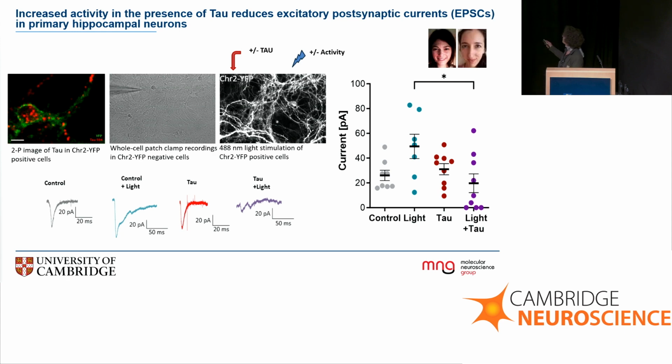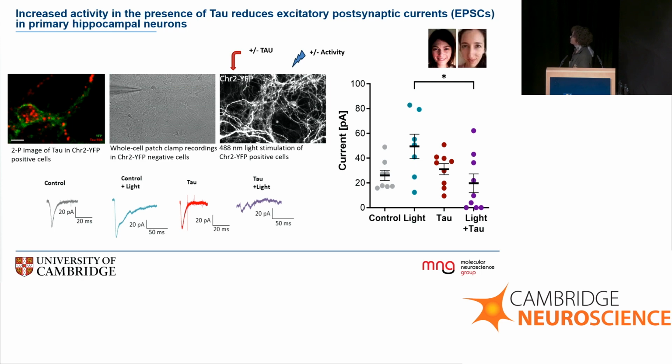And Tanya in Ulrich's group did some electrophysiology studies here using patch clamping, and we used these YFP channel rhodopsin expressing cells, and we added the exogenous tau, and then we did whole patch clamp recordings in the channel rhodopsin negative cells, and we used the channel rhodopsin cells to optogenetically stimulate those neurons, and then we measured the response.